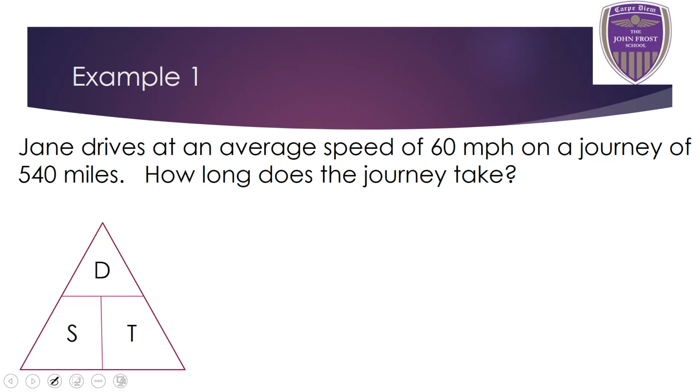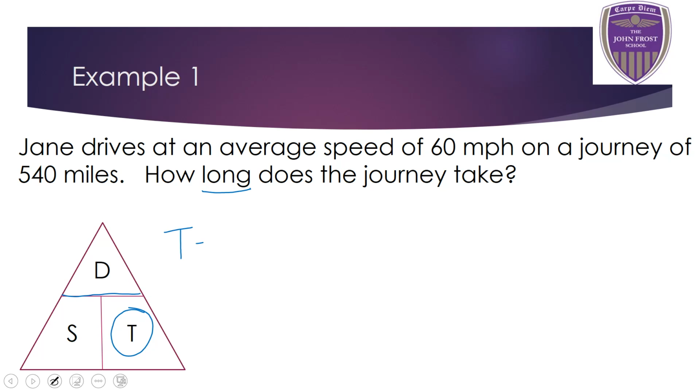So example 1 then. Jane is driving at an average speed of 60 miles per hour on a journey of 540 miles. How long will this journey take? Well, we're being asked in the question how long, which is the time. So if I identify the time here in the triangle, I know it's distance over speed.